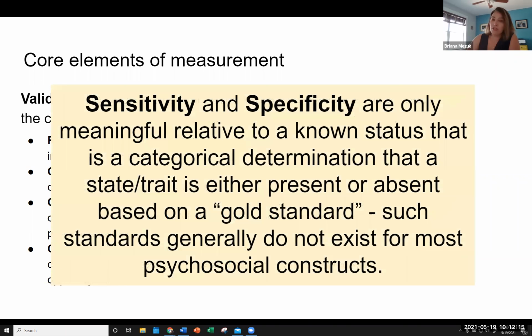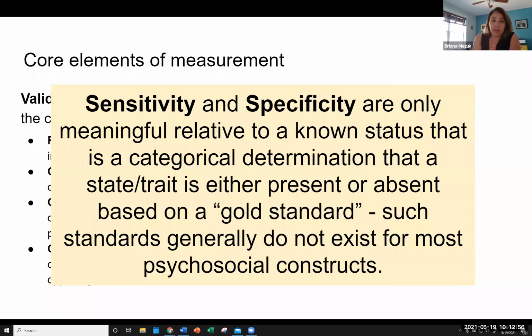Now, the issue that we have to deal with is that sensitivity and specificity, which are the ways that we would index criterion validity, are really only meaningful for a known status, that is, a categorical determination that a state or a trait is present or absent based on some gold standard. For example, with a psychiatrist, we would have to say that a psychiatrist is a gold standard, that they know your true status around depression. But psychiatrists aren't gold standards. In fact, when we talk about psychiatric epidemiology, we refer to the lead standard as our way of getting at criterion validity.